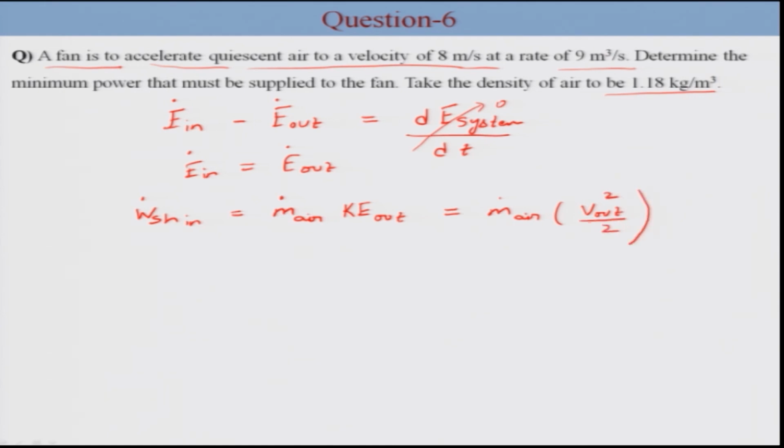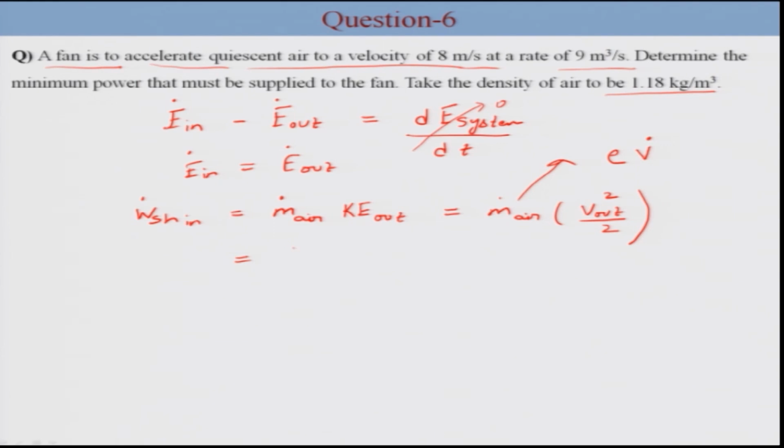So, this is the formula for the kinetic energy. Now, we know the mass of the air can be written in terms of density and volume flow rate. So, mass of the air can be written as density of the air into volume flow rate.